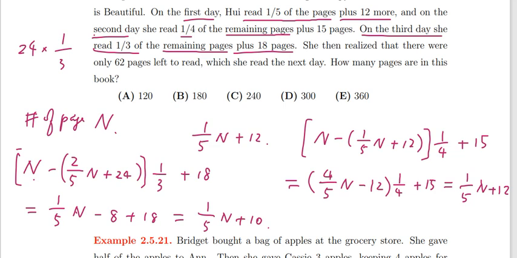Okay, so let's say she realized that there were only 62 pages left. So we can write the equation: total pages A minus first day, second day, third day.